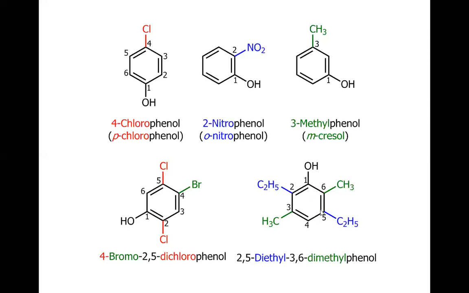So we have 2 ethyls, that is diethyl, and 2 methyls, that is dimethyl. So E comes prior to M, so it will be named as 2,5-diethyl-3,6-dimethylphenol. So remember, in all cases, the phenolic hydroxy is always at number 1.